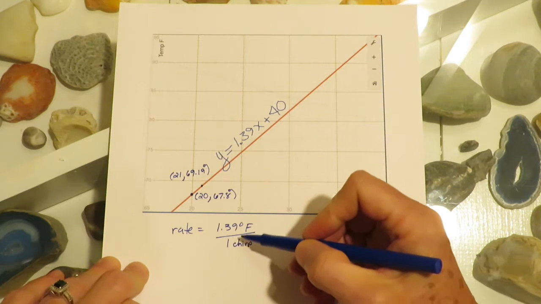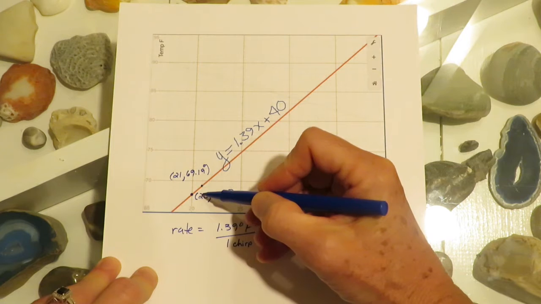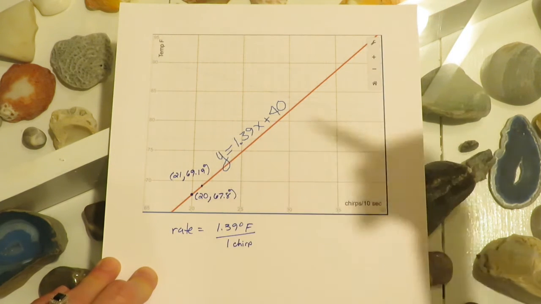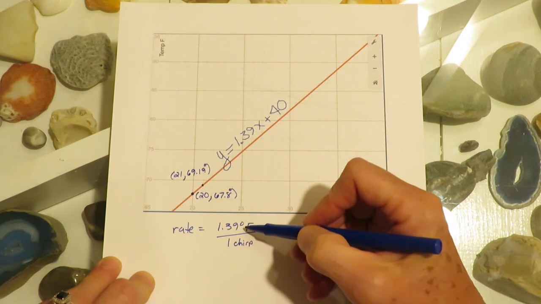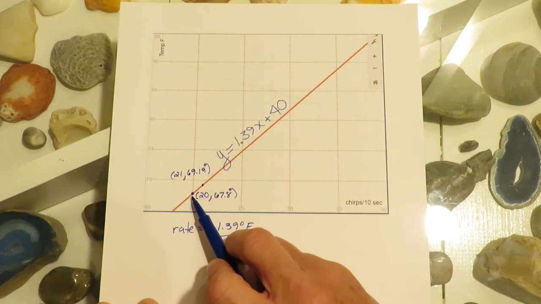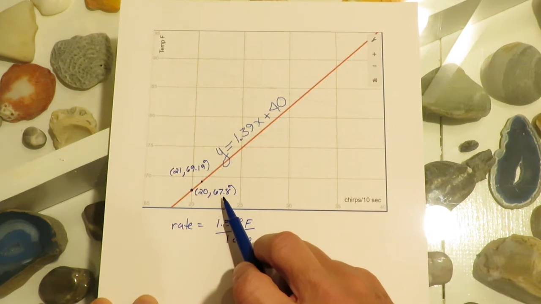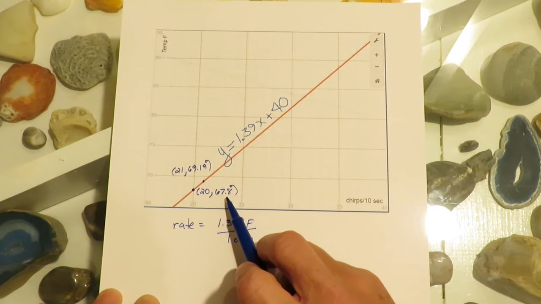The slope still means the same thing. Every time you counted one more chirp per 10 seconds, it was highly correlated with the temperature increasing by 1.39 degrees Fahrenheit. So at 20 chirps per 10 seconds, the temperature will be pretty close to 67.8 degrees.